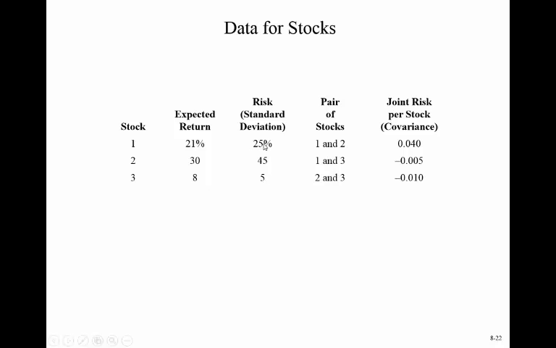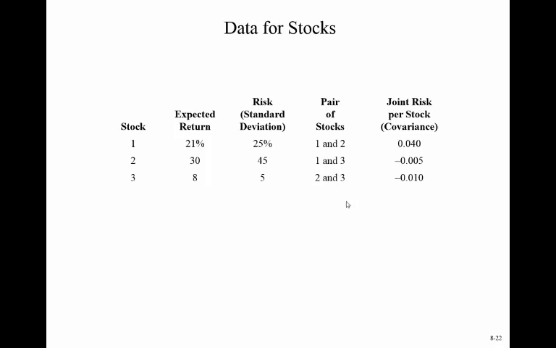So each security has a measure of standard deviation associated with it. But we also characterize the covariance, over on the right here, which is the joint risk per pair of stocks. The positive covariance between stocks 1 and 2 suggests they tend to move up at the same time. Stocks 1 and 3, on the other hand, tend to go in different directions.